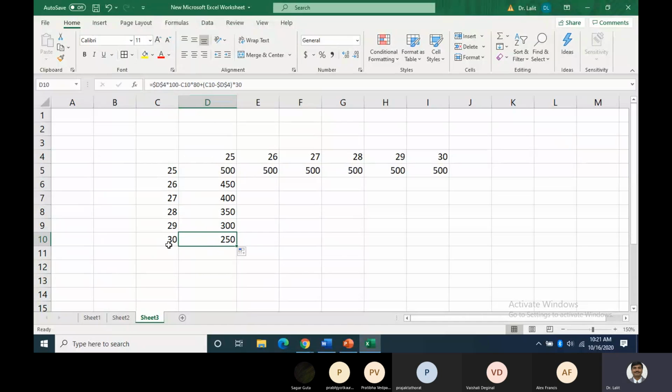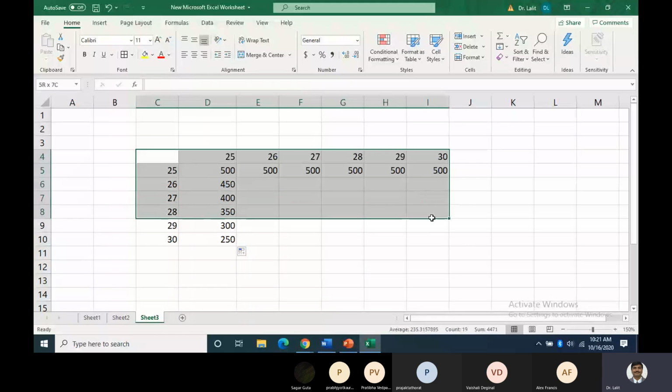Minus 30 into 80 plus he will sell 5 unsold copies at rate of 30 rupees. So ये formula here I have applied formula in MS Excel to generate payoffs, right? Similarly, you can generate payoff for other combinations and then use this table to make a decision. Okay, according to different criteria.